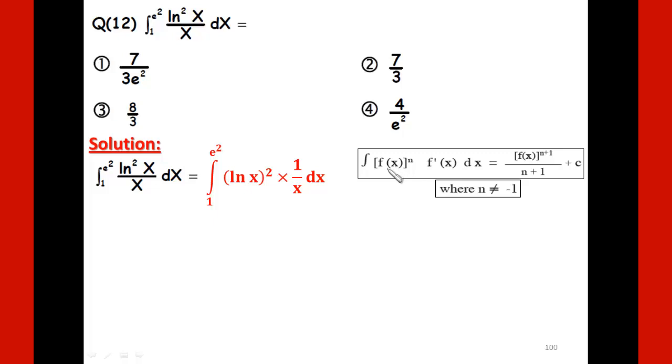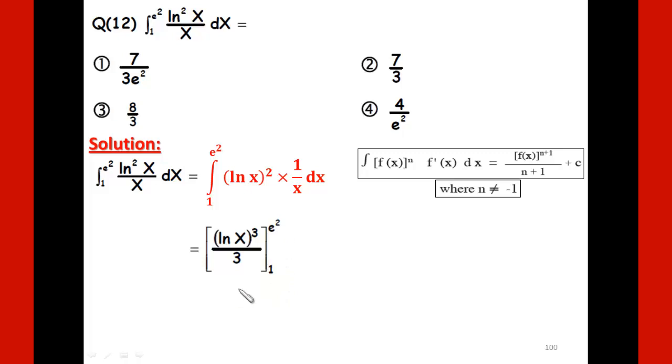f of x will be ln x, f dash of x is 1 over x, and n equals 2. So the result will be f of x power n plus 1 over n plus 1 plus c, as follows. We write ln x power 2 plus 1, it will be 3, over 3, from 1 to e power 2.